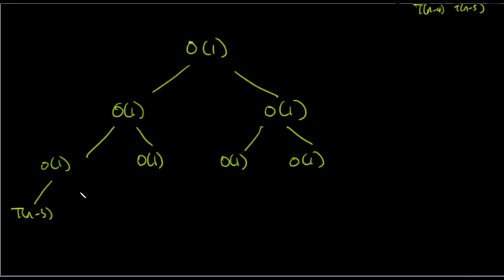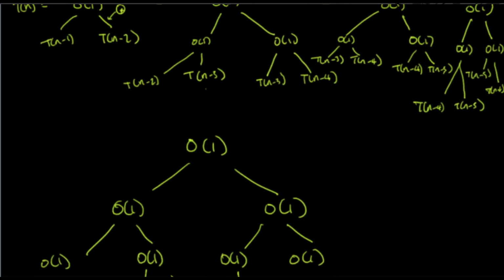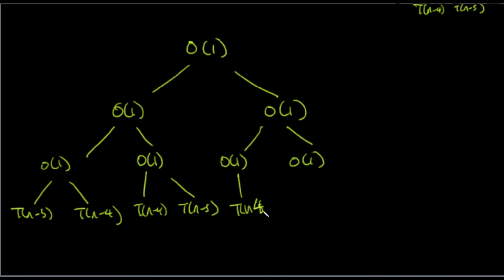T of n minus 3, T of n minus 4, T of n minus 4, T of n minus 5, T of n minus 4, T of n minus 5, T of n minus 5, T of n minus 6. We're going to look at the pattern in the next video.